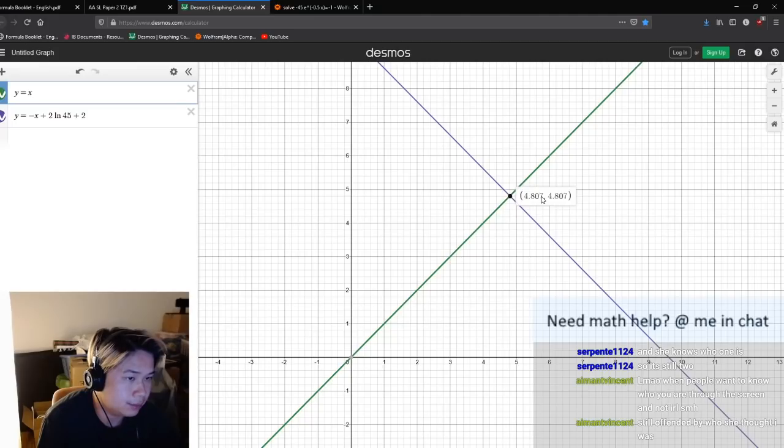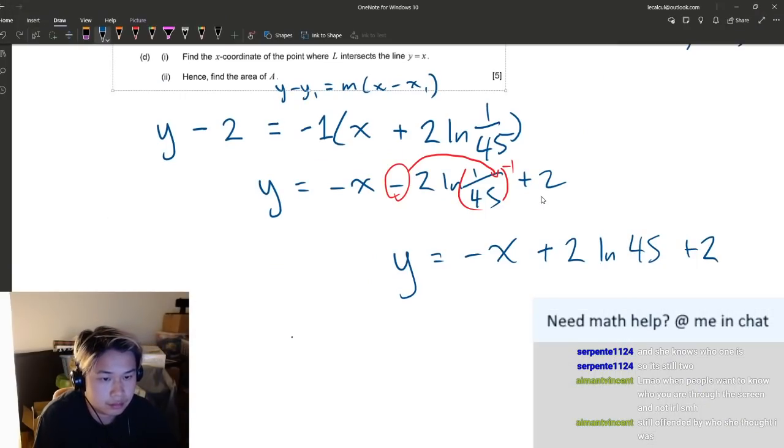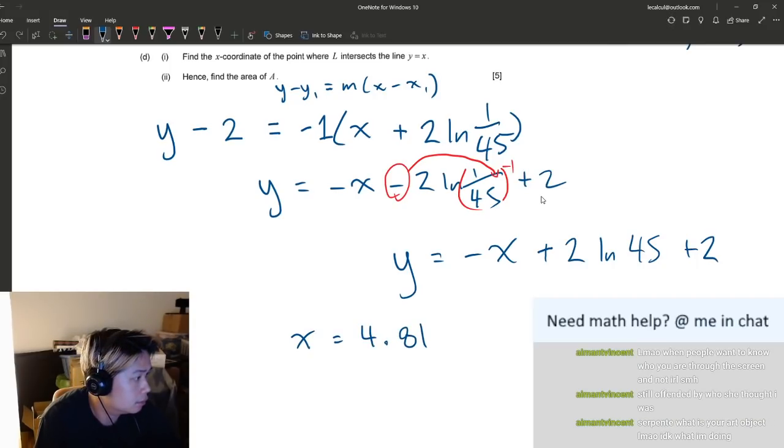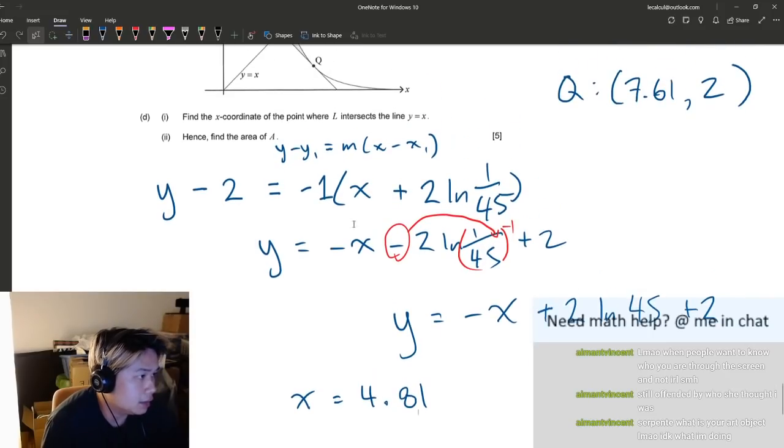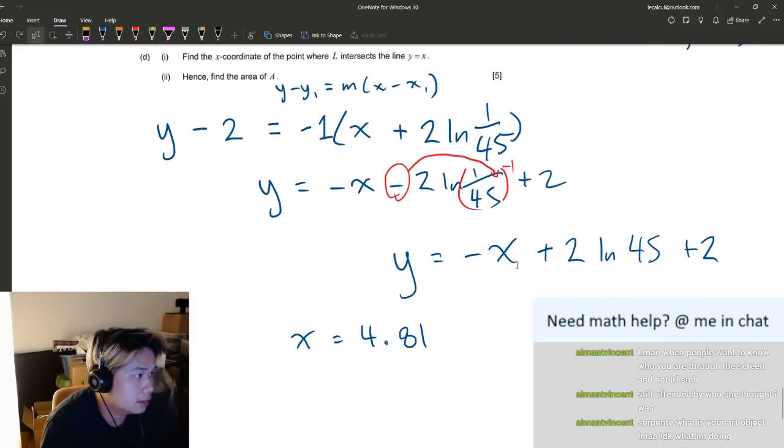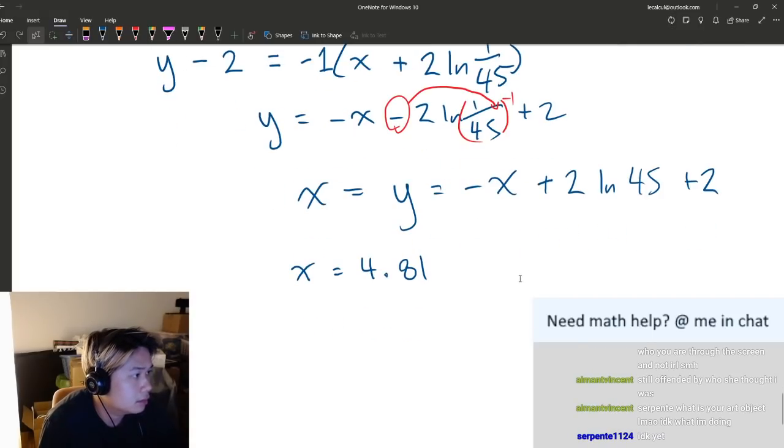So 4.81, let's say. You could have also just equated the lines, like make this equal to x and then solve for x. And if you do that, you should get natural log 45 plus 1.